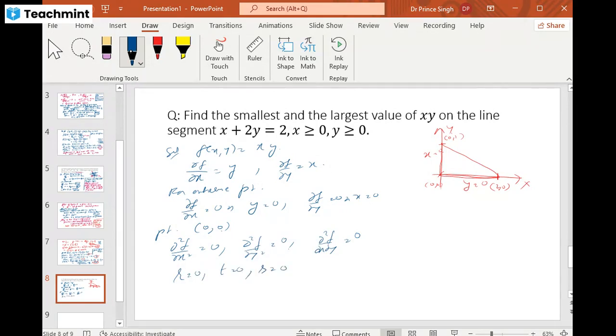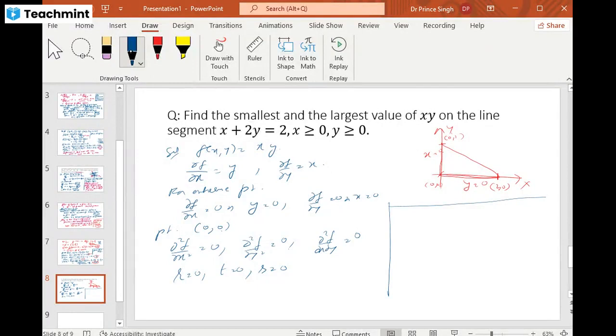When r and t are 0, we are not able to conclude anything, because while discussing the formula, we multiplied and divided by r. It means that with the help of that formula, we cannot conclude whether it is a point of relative maximum or minimum. So now what can we do? We are going to check the nature of the function on the boundary of this given region.